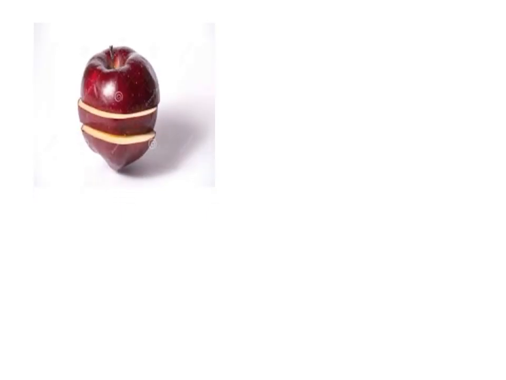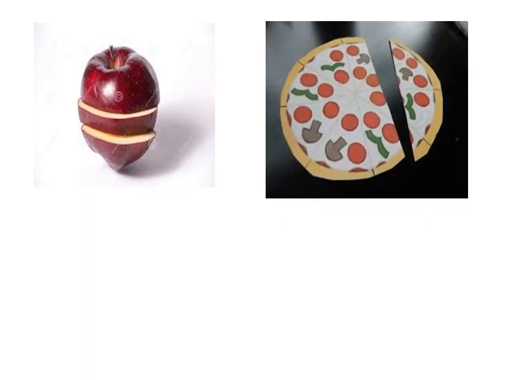Children, can you see this apple which is cut into parts? Yes, there are 3 parts, but these parts are not equal. Also, this pizza is not cut into equal parts. One part is bigger and another part is smaller.